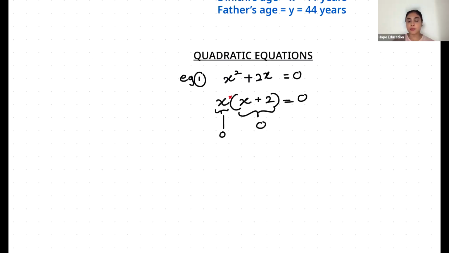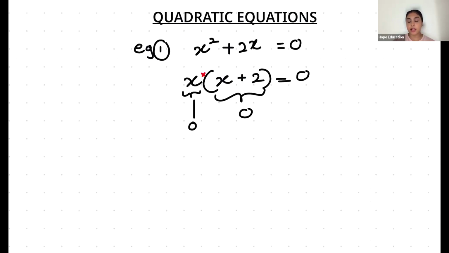Here, when x and x plus 2 are being multiplied and the answer is 0, that means either x is 0 or x plus 2 is 0. Okay, so how do I write this? I know definitely one of these two is 0, but I don't know which.